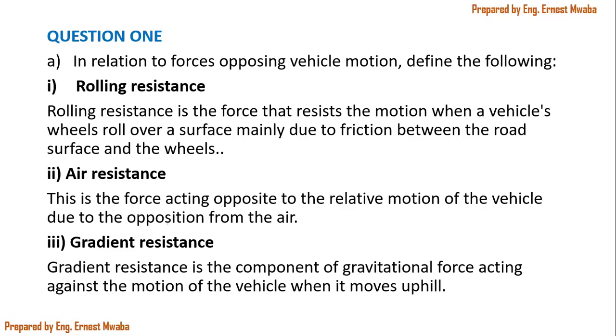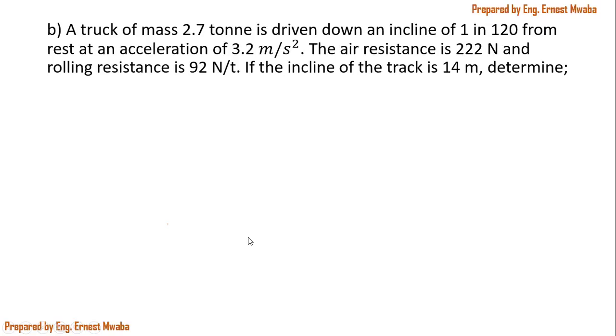This becomes not a resisting force, but a force that is going to assist the motion of your vehicle to move forwards, such that if you left your brakes unchecked downhill, the vehicle will just roll down the hill and move without even applying any effort to it. So that's how the gradient behaves.